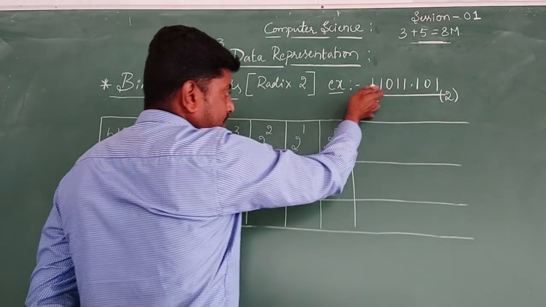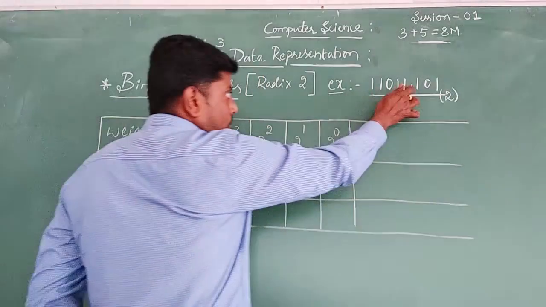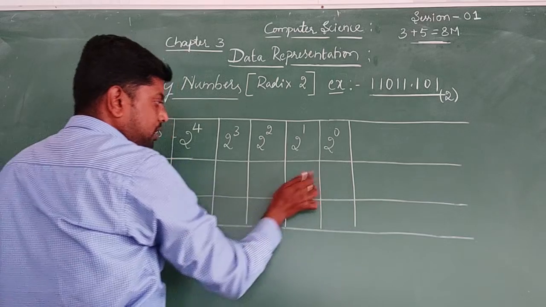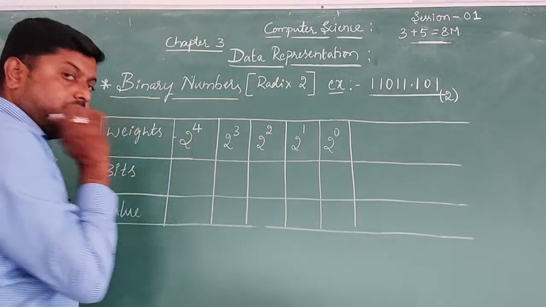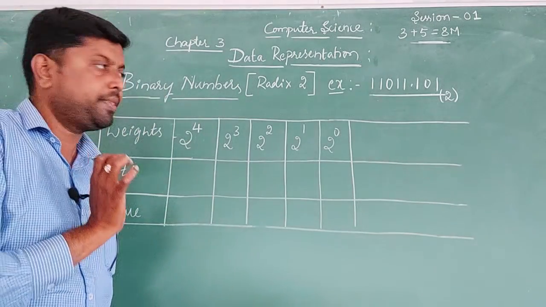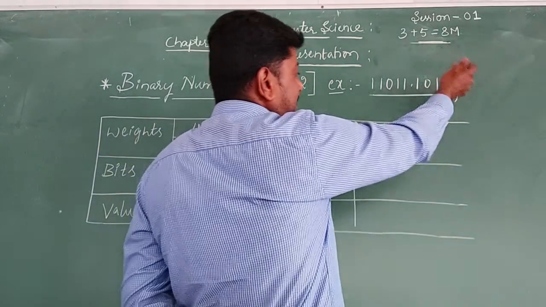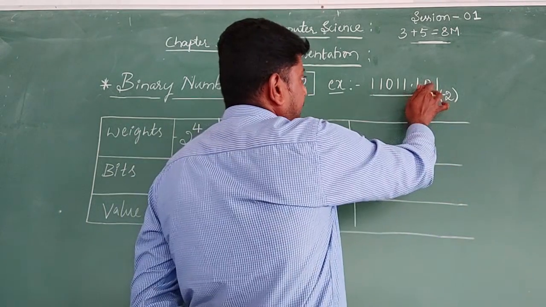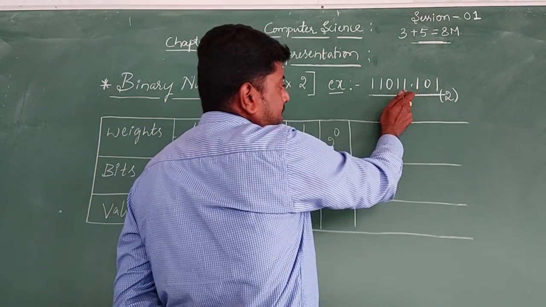So before the decimal point, there are 5 digits, and the values of the bits we can fill in. Like that, after the decimal point, there are 3 digits. See here, 0 is already over.